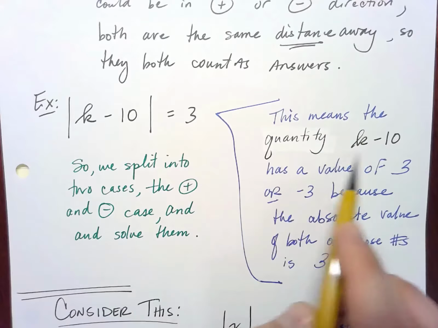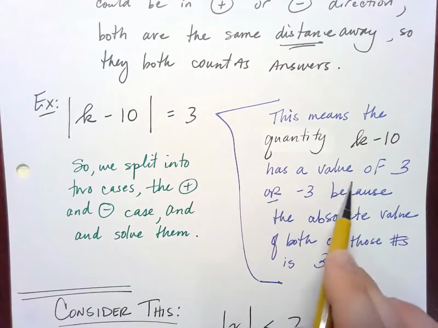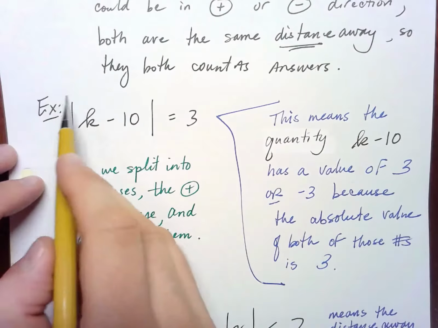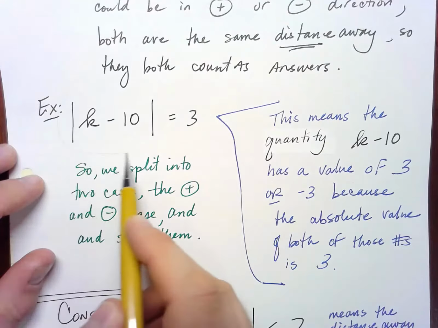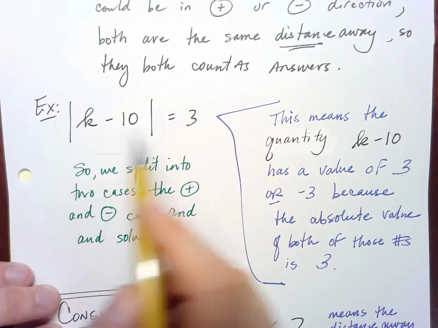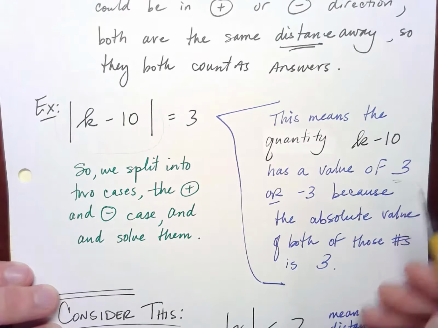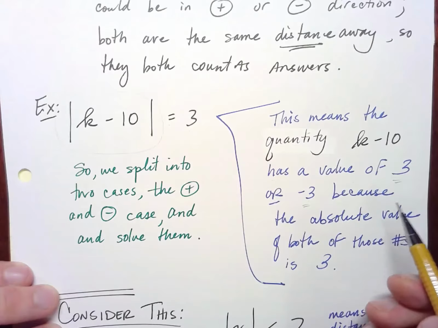This means that the quantity k minus 10 has a value of 3 or negative 3, because the absolute value, notice this is the absolute value right here, is 3. And because the absolute value is 3, there are two numbers that have an absolute value of 3. Those are 3 and minus 3.